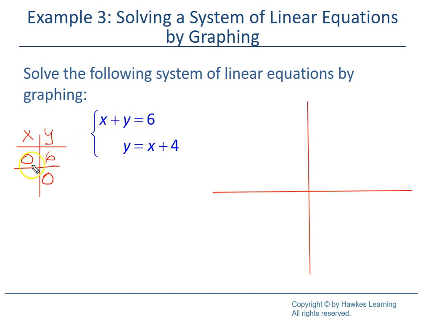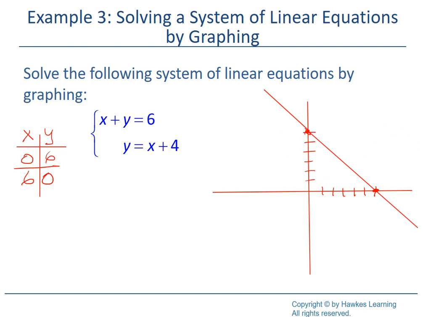And if y is 0, x is 6. So let's plot this one. 1, 2, 3, 4, 5, 6. 1, 2, 3, 4, 5, 6. We have a dot there and a dot there. We're now going to do our line, and that's what this one looks like approximately.